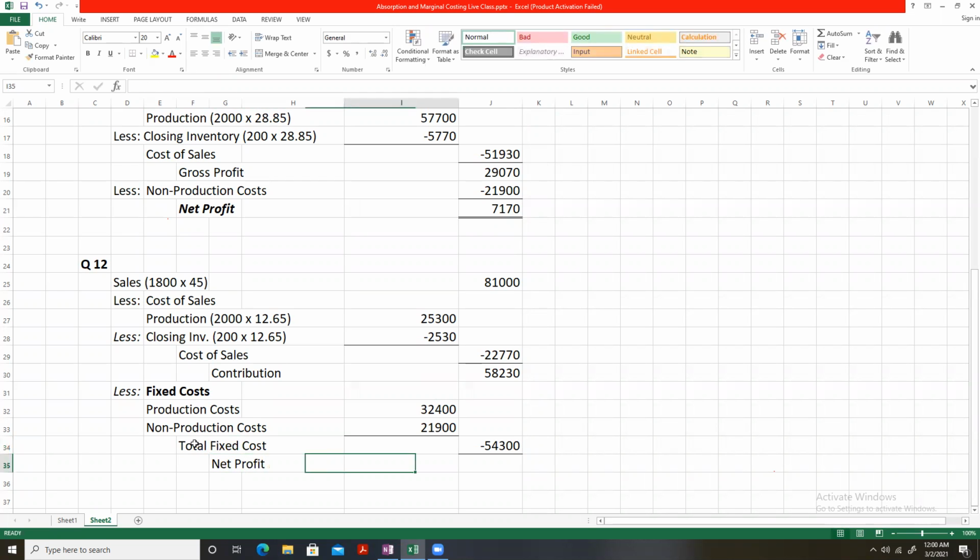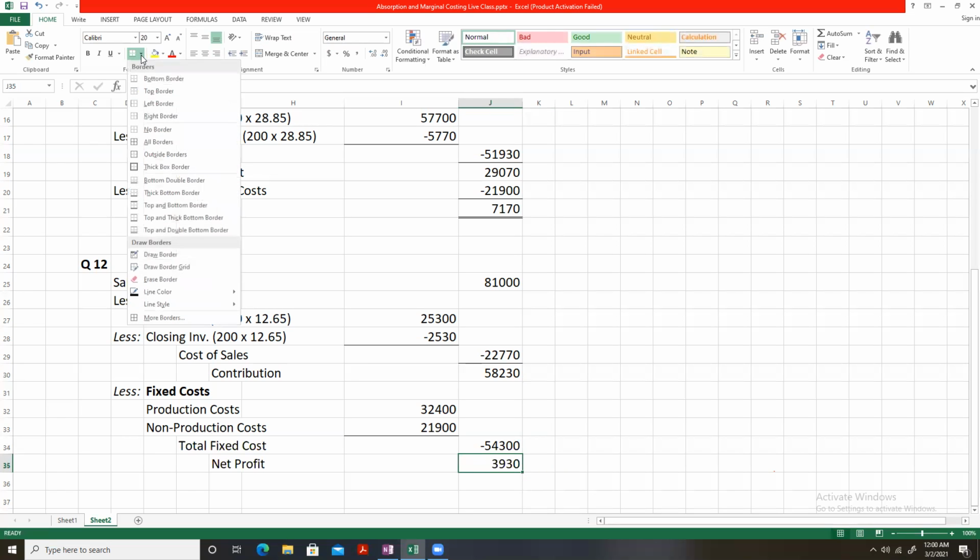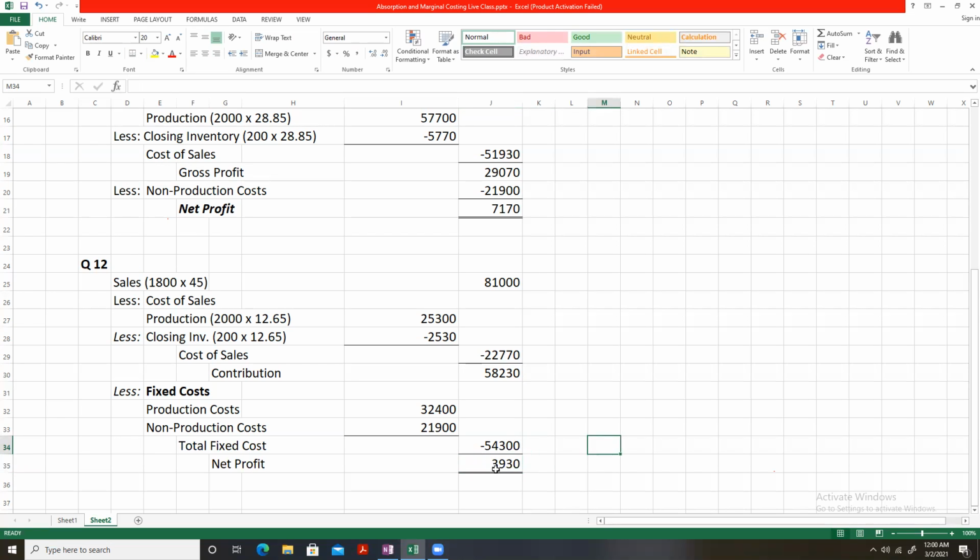Just wait a minute. The net profit will be contribution minus total fixed cost, that is 54,300. So the net profit in marginal costing is 3,930.